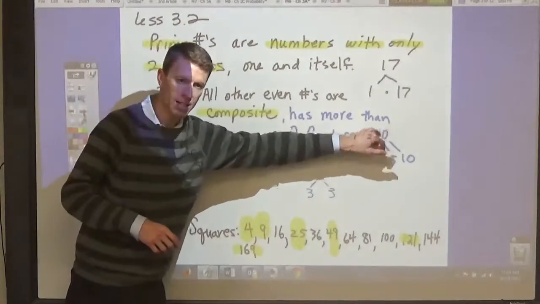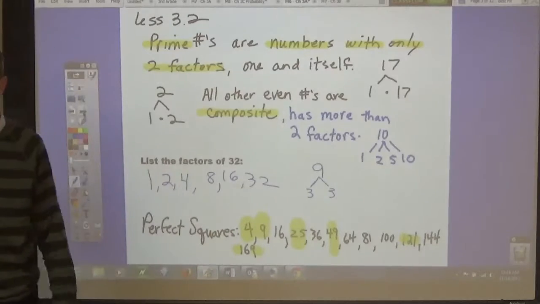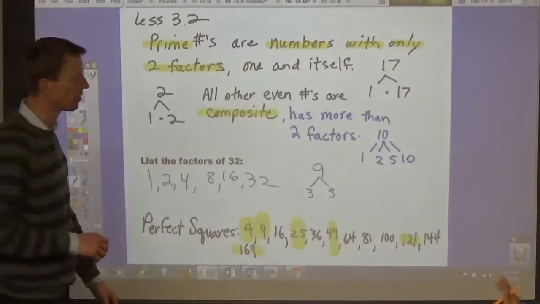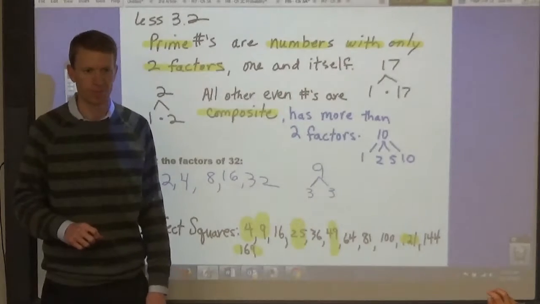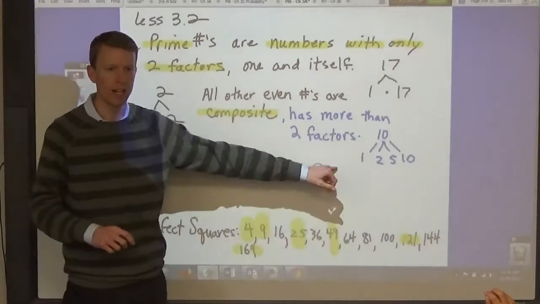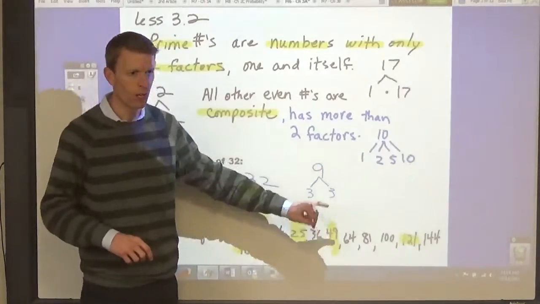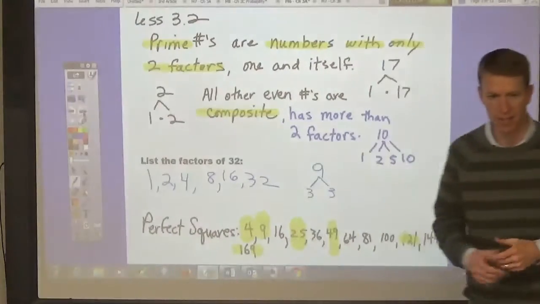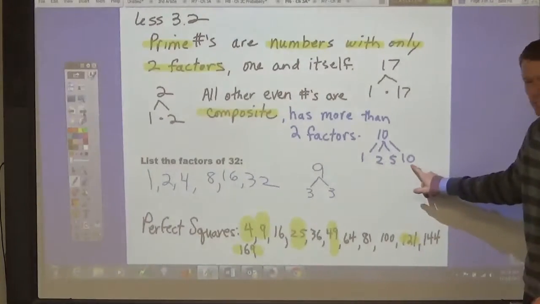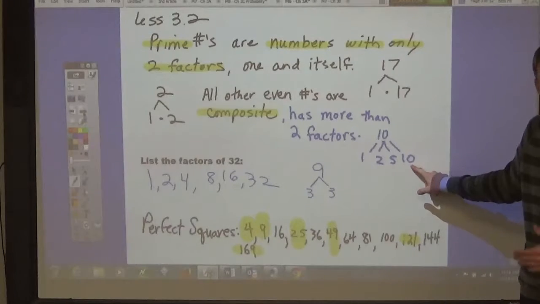For example, the number 10. How do you find those factors? What's a good way to find the factors? Start with 1 and then do what, Josh? What two factors can you always find for a composite number? One and itself. And then go through the divisibility rules.